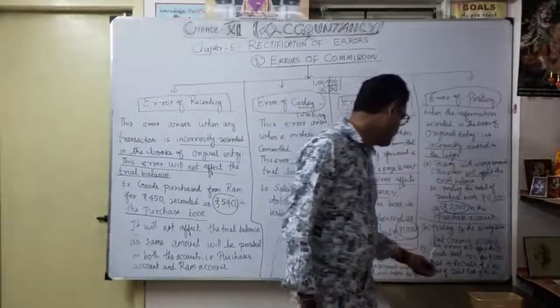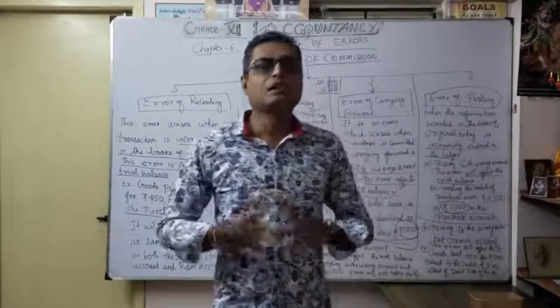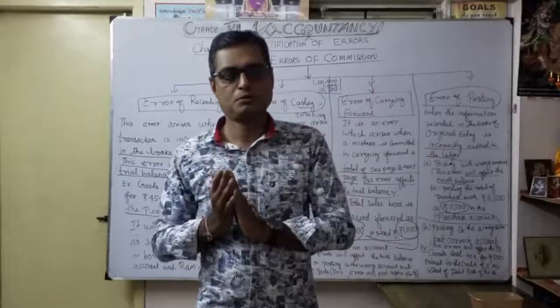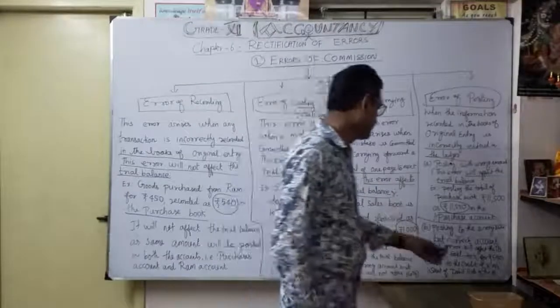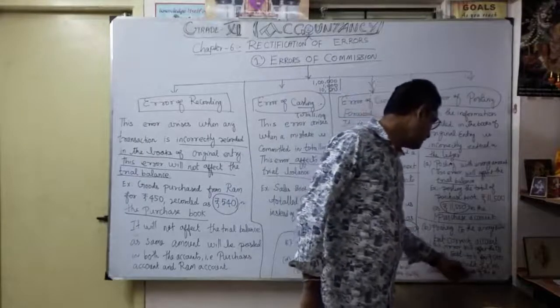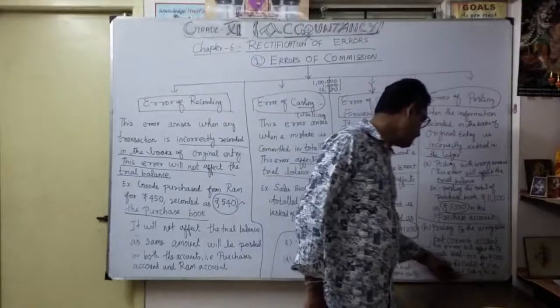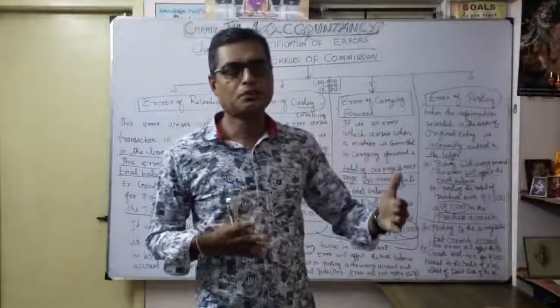See here. Goods sold to X. What is the entry? X account debtor to sales account. So X is debited and sales is credited. The amount is 550. But what happens? It is entered to the credit of X account instead of the debit side of this account. The correct entry is X account debtor to sales account.